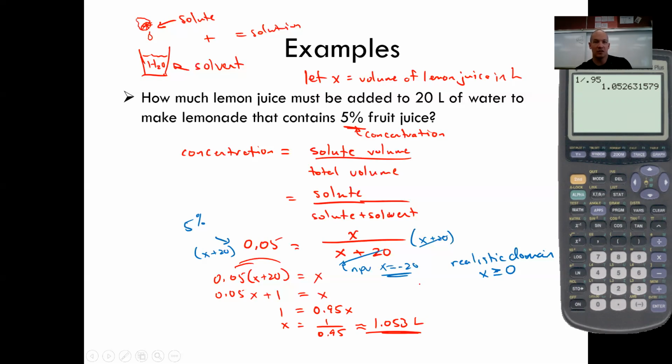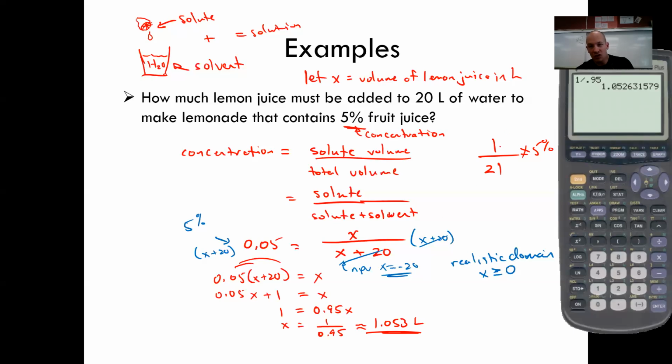So you take a second and just think, does this make sense? So we want a 5% fruit juice. What a lot of people might be tempted to do is say, well, 5% of 20, isn't that just 1? So why don't I just add 1 liter? But the problem with that is if you add 1 liter of lemon juice, now the total volume goes from 20 liters of water to 21 liters, and that's not exactly 5%.